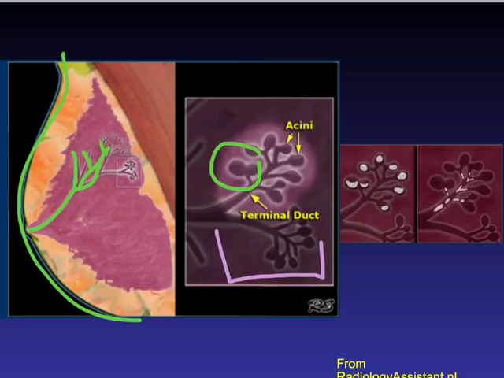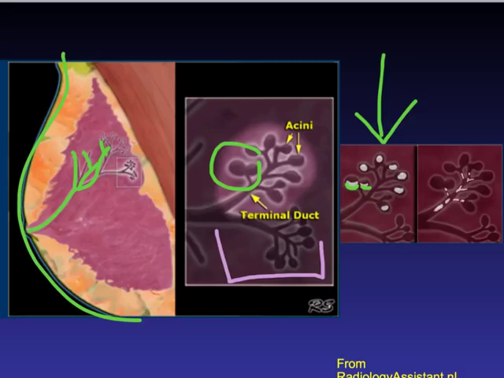Calcifications can form within the acini, as in this example here. This is an example of benign calcifications called milk of calcium. Fluid within the acini may be present even when a woman is not lactating, and this fluid can calcify. These calcifications layer within the fluid and can form a teacup configuration, as you see here.